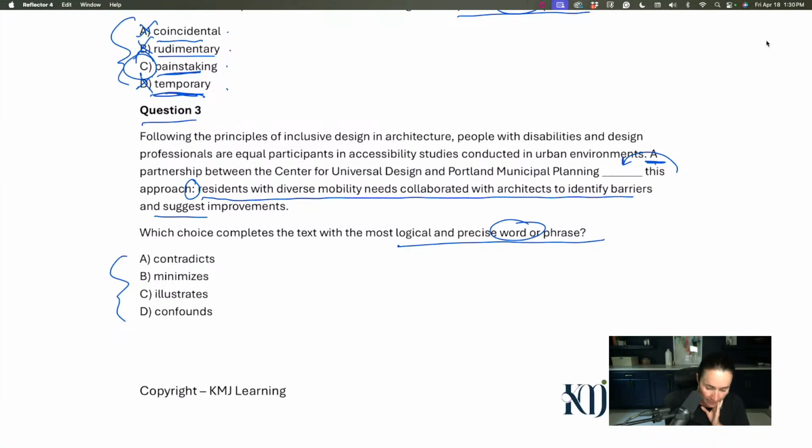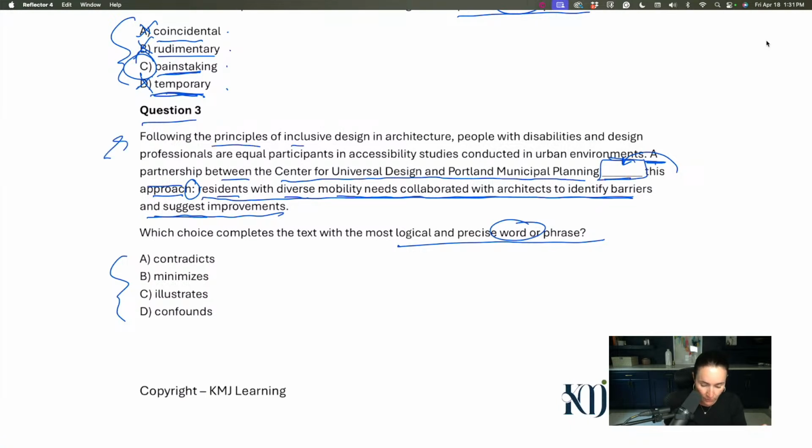I'm going to start right here at a partnership between the Center of Universal Design and Portland Municipal Planning blanks this approach. Residents with diverse mobility needs collaborated with architects to identify barriers and suggest improvements. Okay, this sounds positive. This sounds like we are giving an example. Let's read the rest.